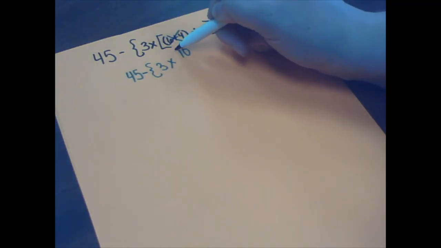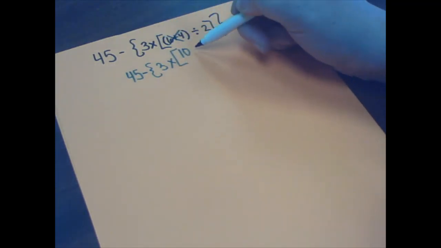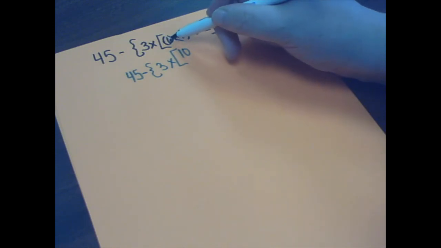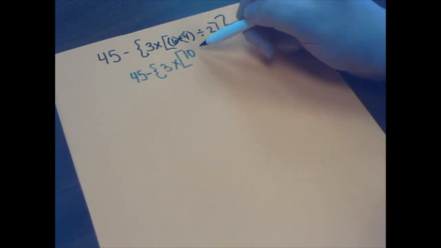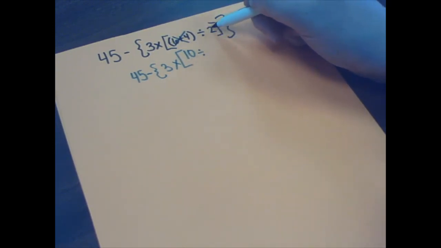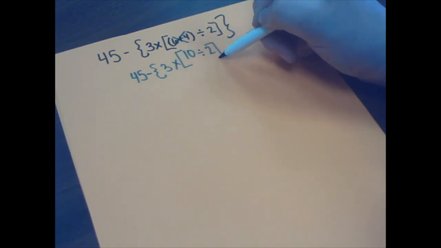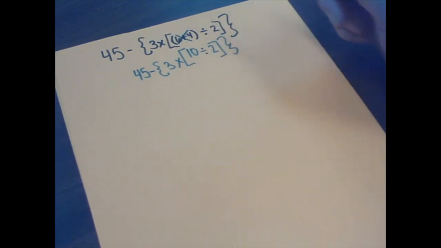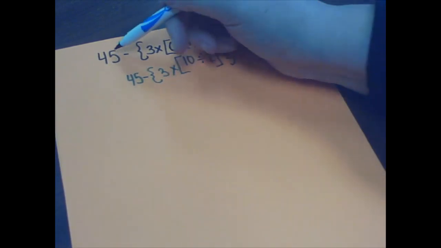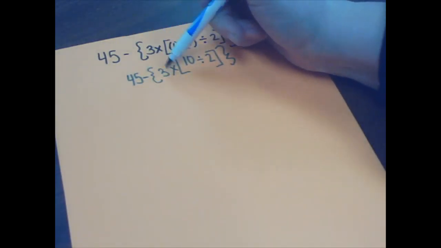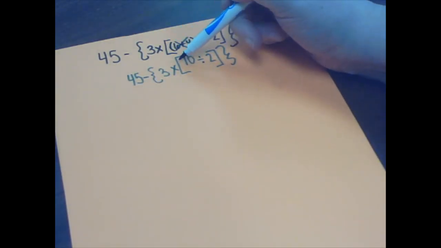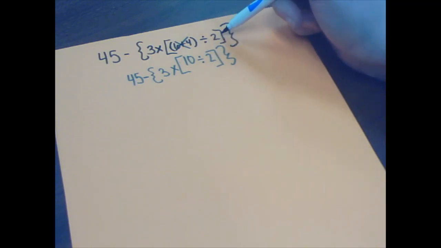I need to drop the bracket down. The parentheses are gone because that was the 6 plus 4. Drop the division sign down. Drop the 2 down, the bracket, and now the brace. Okay. So everything just came down in order.